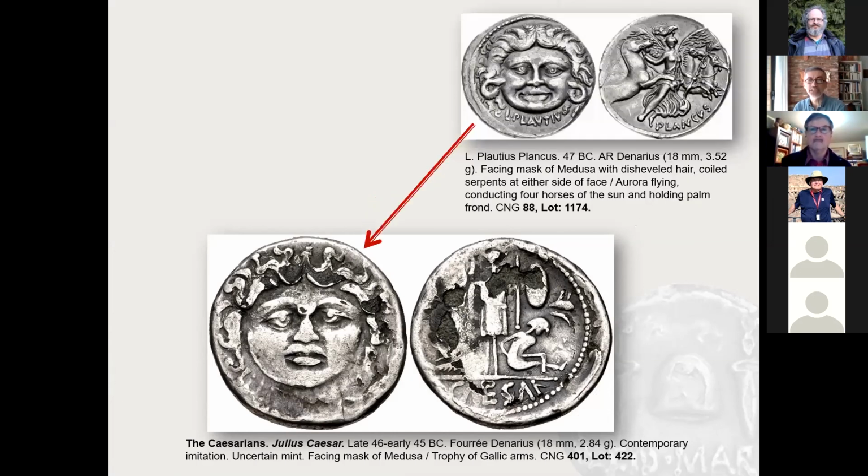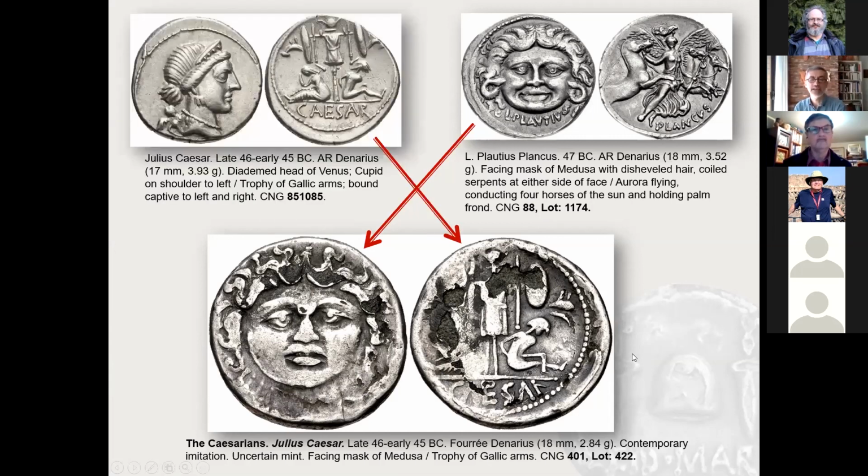They simply used an obverse that you see on a different denarius by the moneyer Plautius Plancus. This is a very well-known coin, and the inscription here, I don't know if it was deliberately shaved off or it wore out. It certainly passed in circulation, so it survived. But they simply created a mule.